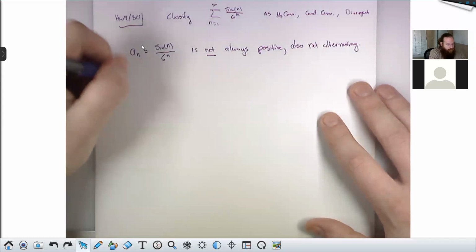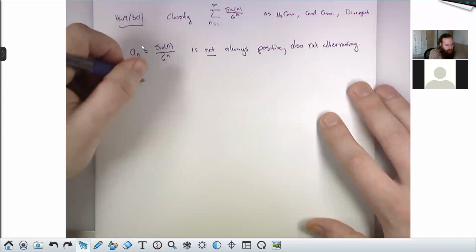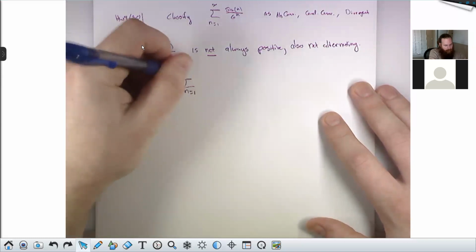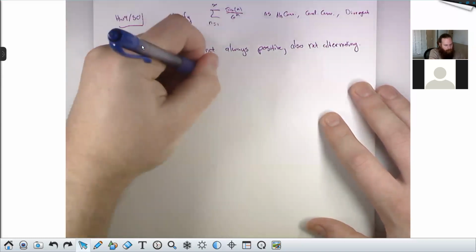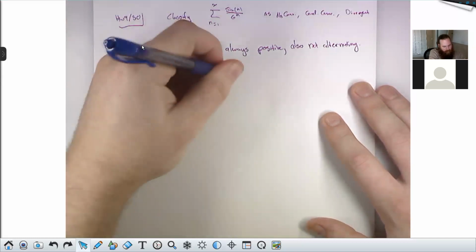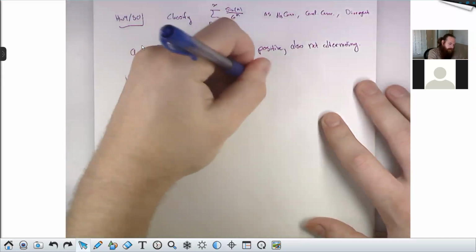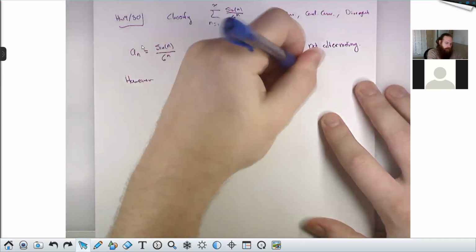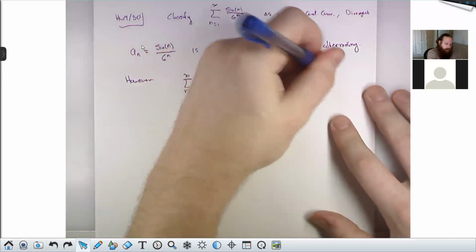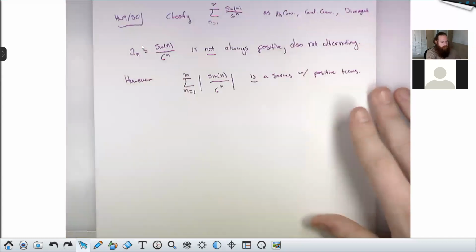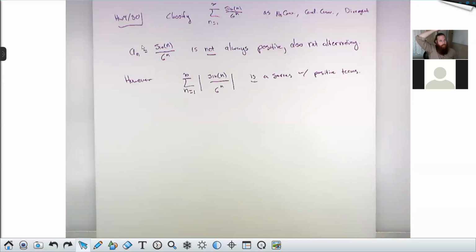So, however, sigma n from 1 to infinity, absolute value of sine n over 6 to the n is a series with positive terms. So to this series, I could apply whatever I want.